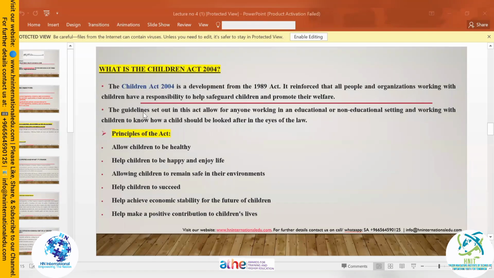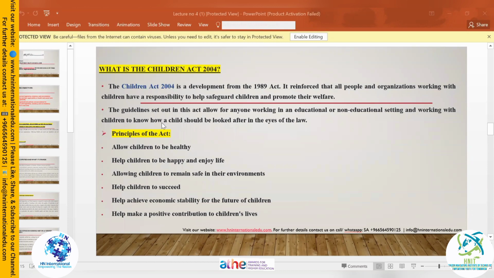So the next one is the Children Act 2004. This act explains the welfare and safeguarding of children, and how they are safely looked after in education or non-educational settings. This law mainly focuses on how children should be looked after in the eyes of the law.